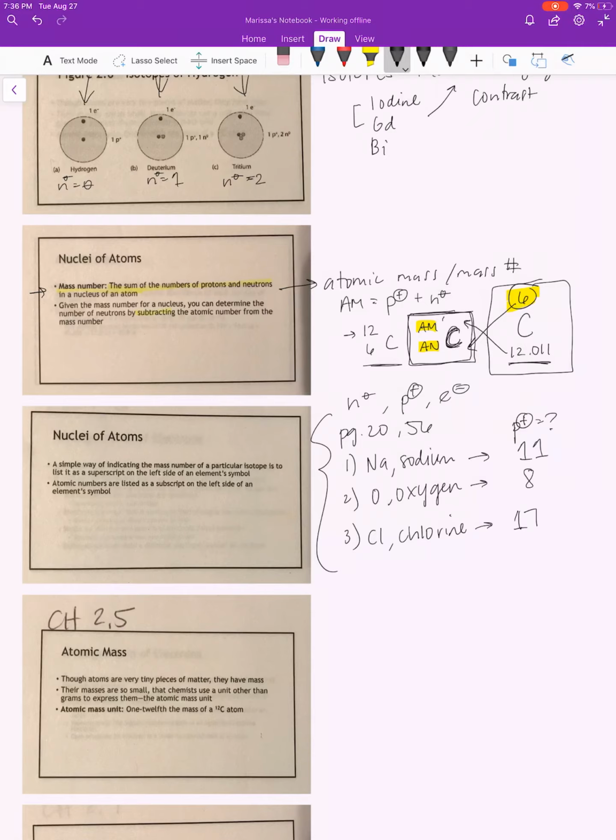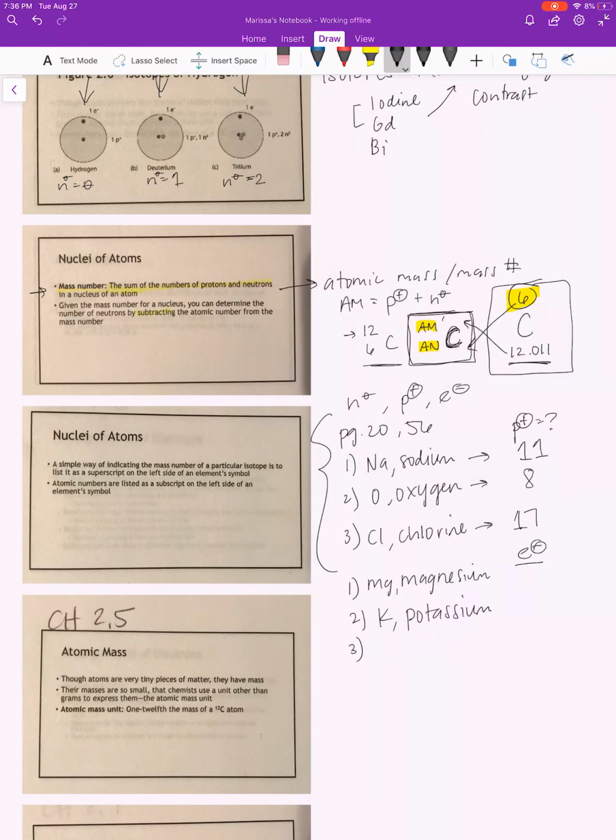Now, the next skill building exercise is on the same page, and instead of identifying the number of protons, this question is going to ask us to identify the number of electrons, and we're going to assume right now that these are neutral.